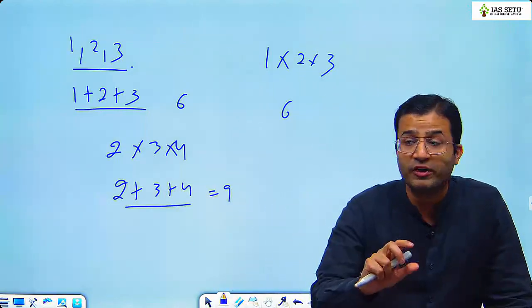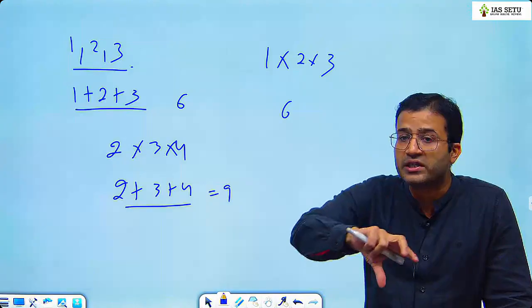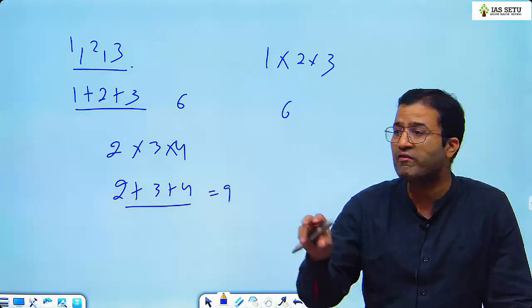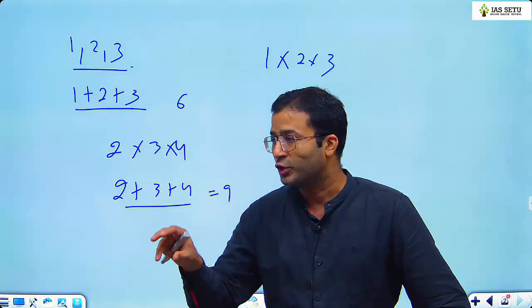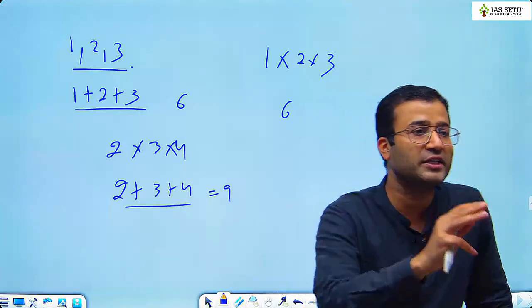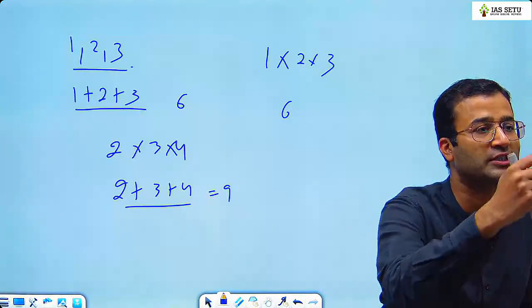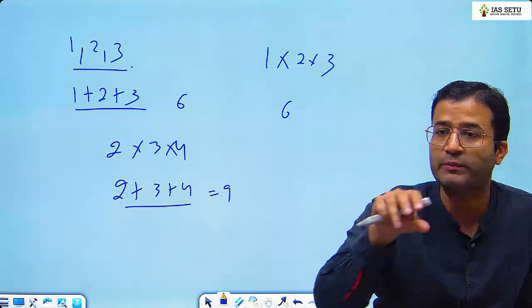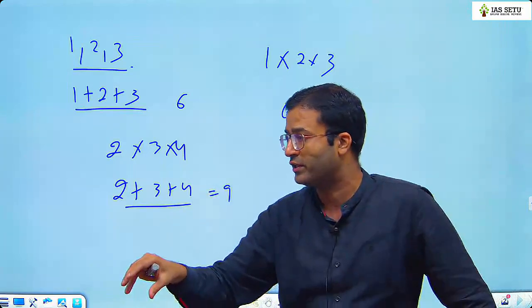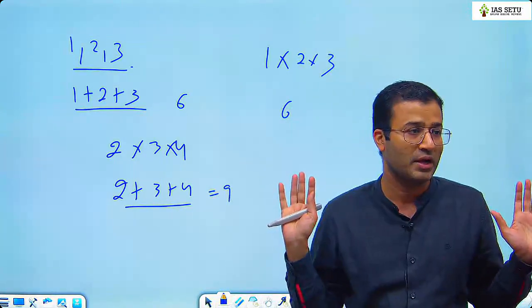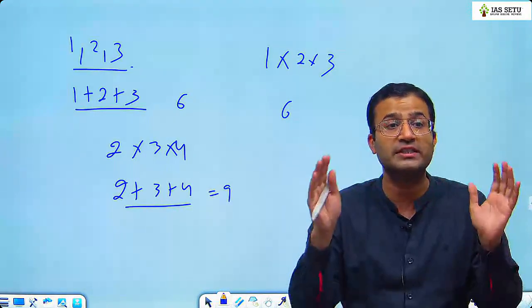But what UPSC has done, UPSC trapped some students who have half knowledge, who have heard that for 3 consecutive natural numbers, 1, 2, 3 is the only pair. Many times we put stress on 'only', and we know this knowledge, and when we have knowledge we cannot see what is actually asked.